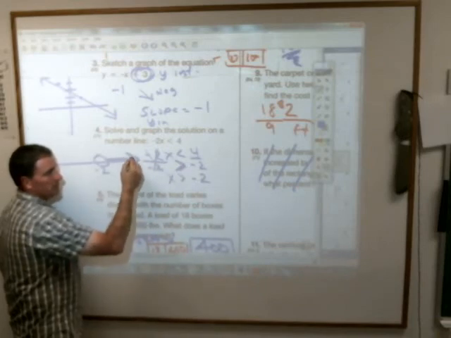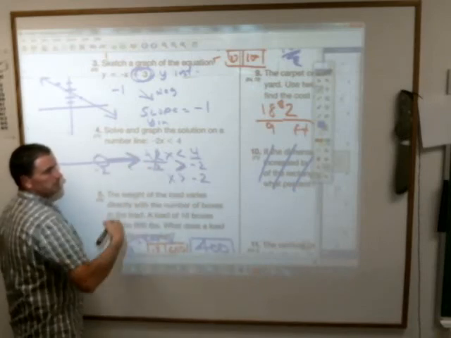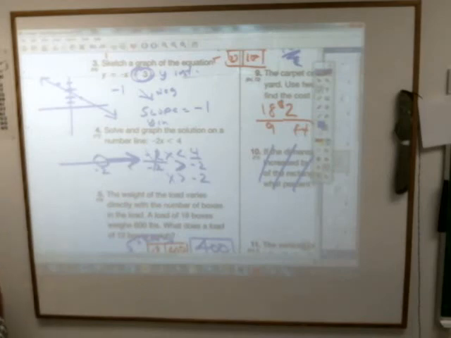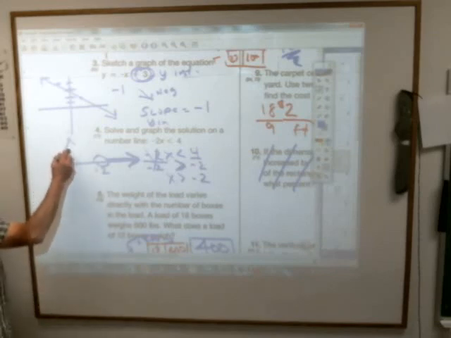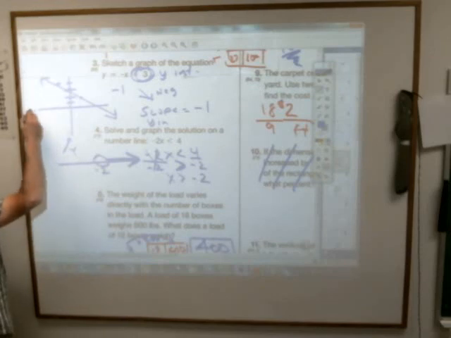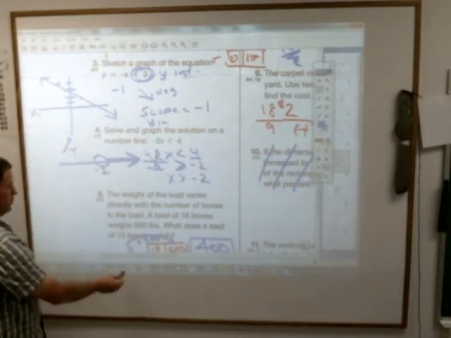This points the same way. It's a handy little trick that seems to work on this page, but you can draw the arrow the other way. For the graph ones, the top line is the y, and then the other one's x.